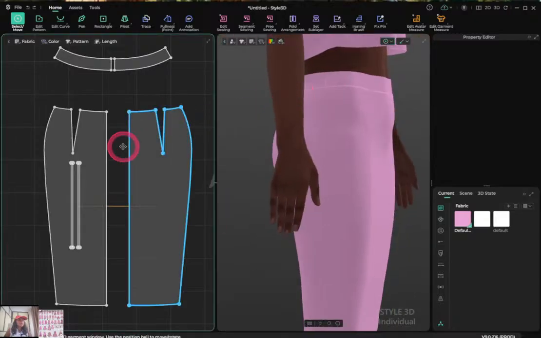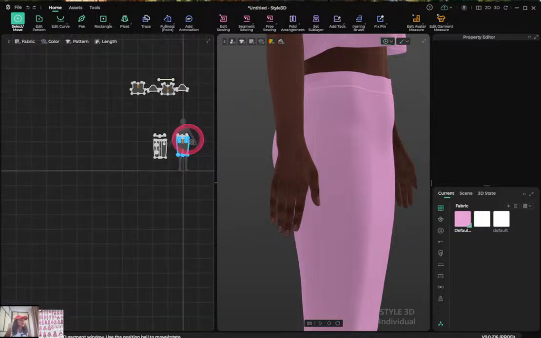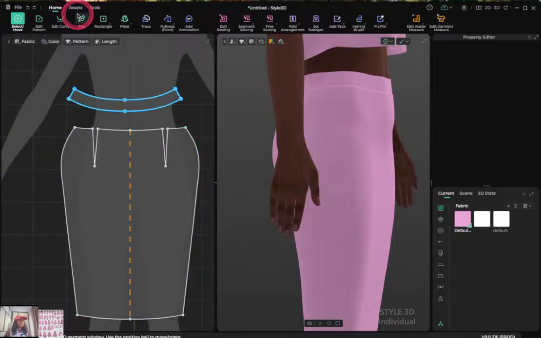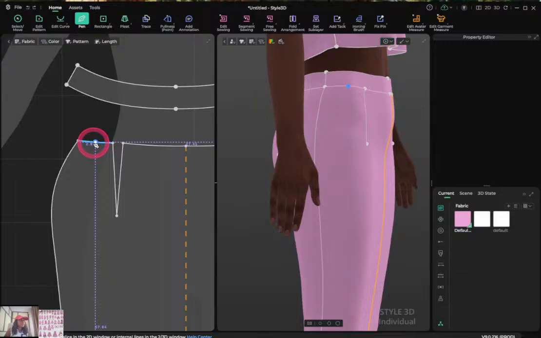We're going to have to give the front some pockets, right? So pockets usually run from here to, let's say, here, and curve.